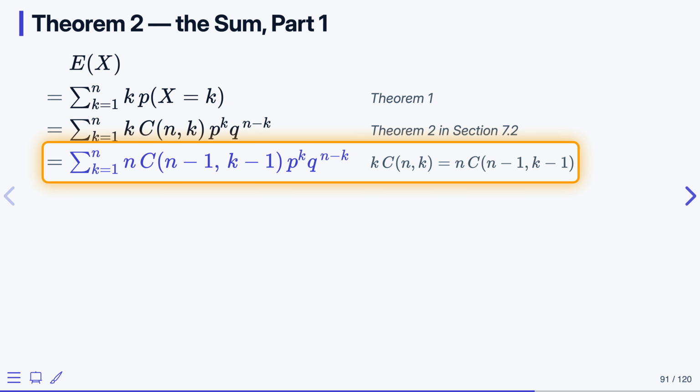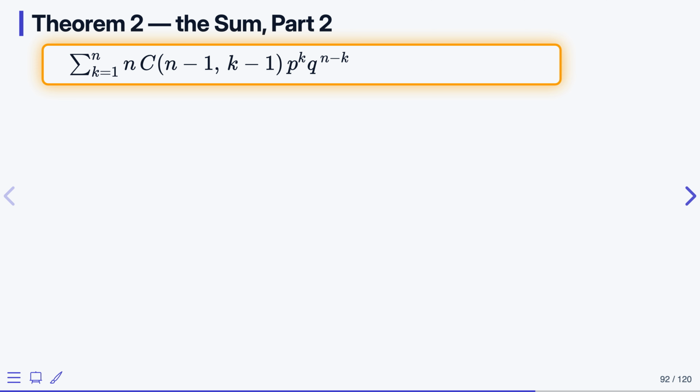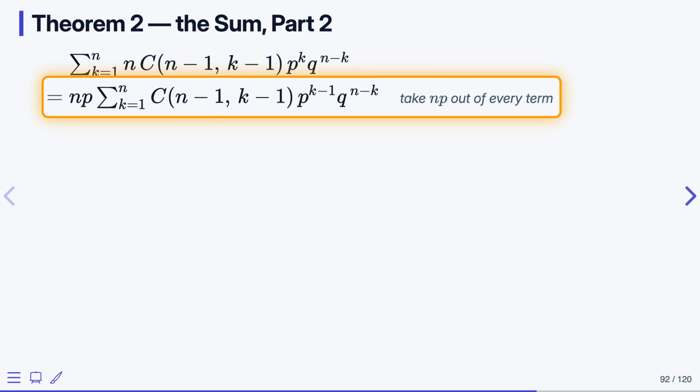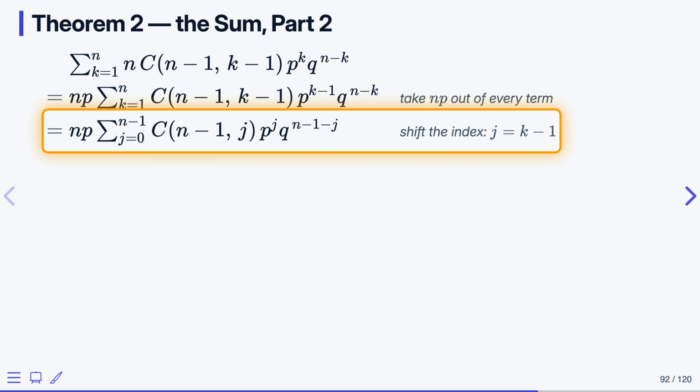We pick up where we stopped. Every term contains an n and at least one p, so take n times p outside the sum. 1 power of p stays behind, leaving p to the k minus 1. Now shift the index. Let j be k minus 1. As k runs from 1 to n, j runs from 0 to n minus 1.